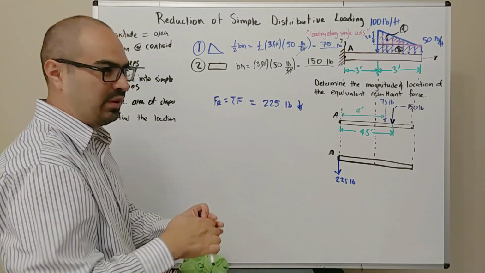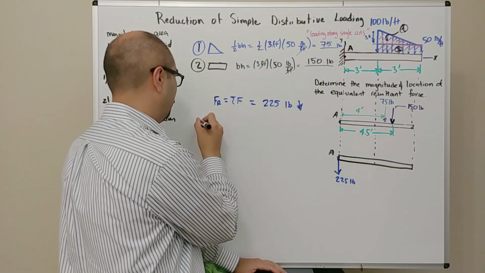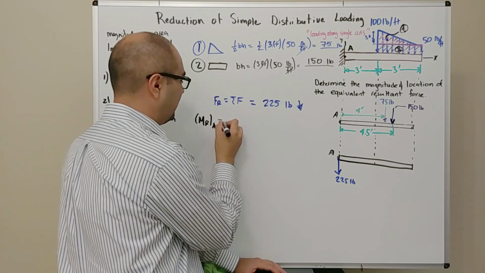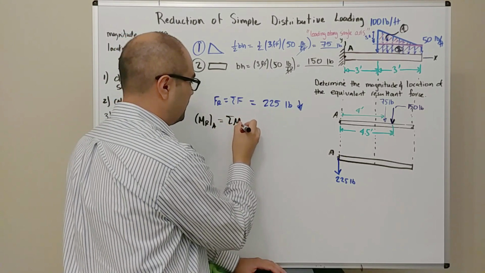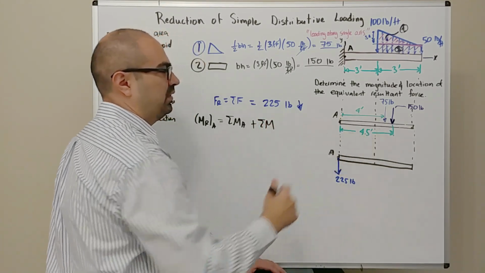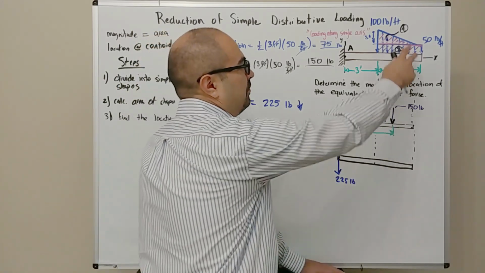Do you remember the formula for calculating the resultant couple moment? So the resultant couple moment, in this case about point A, is just the sum of the moments about point A plus any couple moments that exist in the free body diagram. In this case, we have no couple moments.